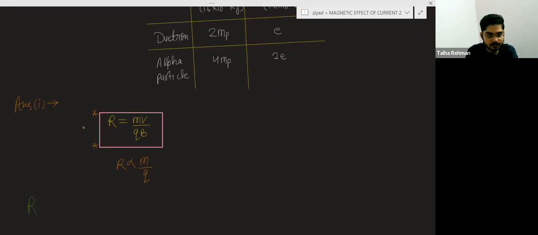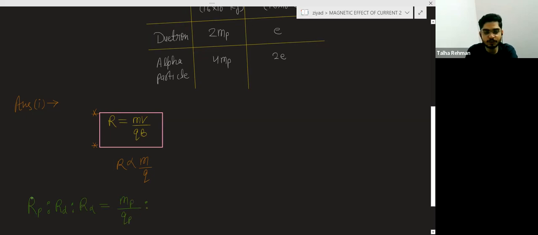So the ratio of the radius of proton, radius of deuteron, radius of alpha particle. This ratio we have to calculate. So radius of proton, from this formula I can write mass of proton divided by charge on proton.